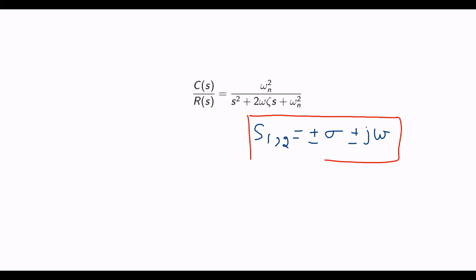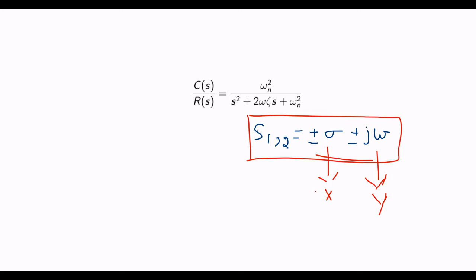So here we can clearly say that it depends upon the value of sigma and j omega. We can say whether the system is a stable system, unstable system, or marginally stable system. To expand on this, we'll draw a chart where sigma is on the x-axis and j omega is on the y-axis.